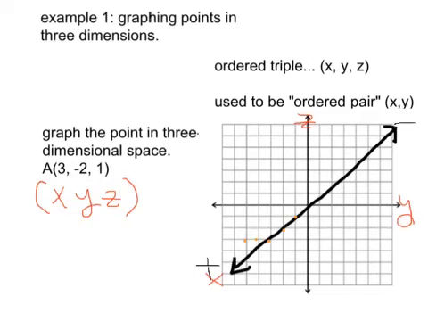And then go 1 in the z direction, right there. So that is A. We went 3 in the positive x direction, 2 in the negative y direction, 1 in the positive z direction, and that is our answer.